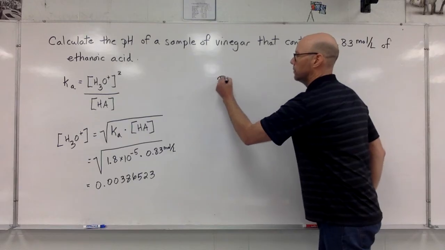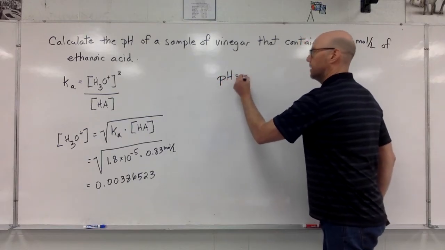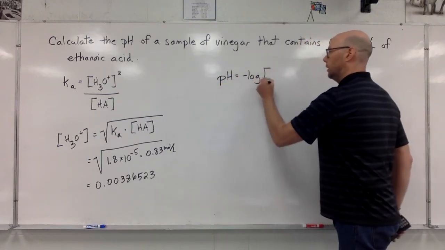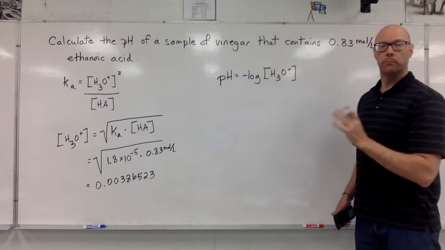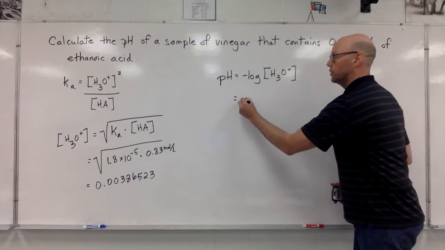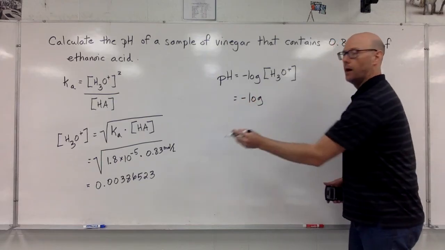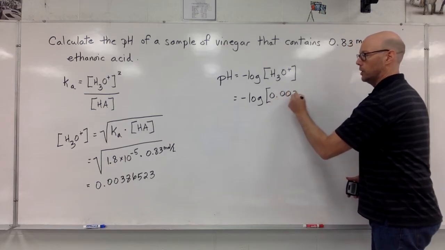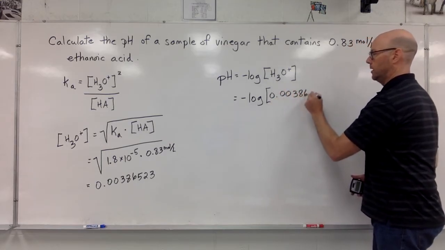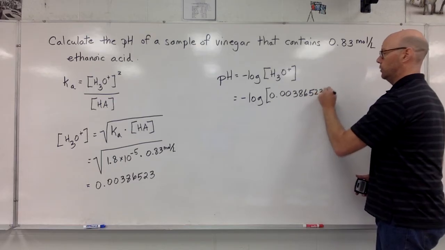The pH is equal to the negative log of the hydronium ions, which means we're going to do the negative log of our answer, 0.00386523.